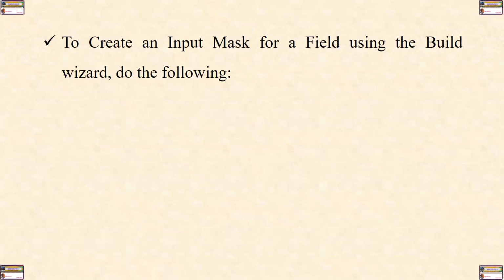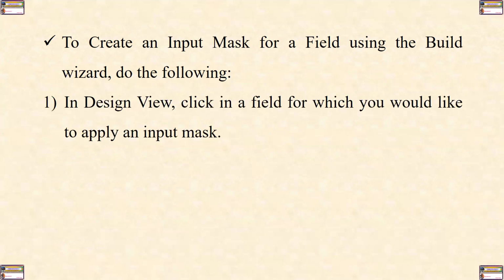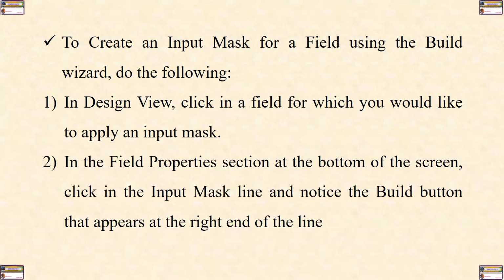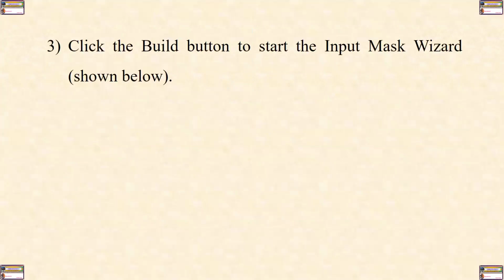To create an input mask for a field using the build wizard, you do the following. In the design view, you click in a field for which you would like to apply an input mask. Then in the field properties section, at the bottom of the screen, you click on the input mask line and notice the build button that appears at the right edge of the line.